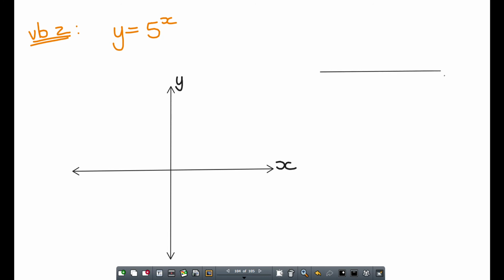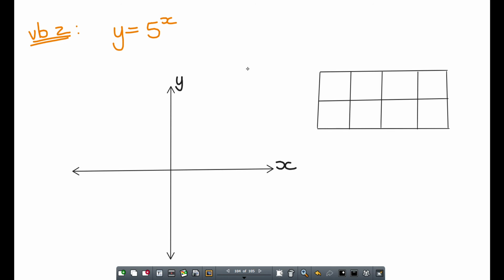My a-waarde, kan julle sien, hy is groter as 1, nee? So watter kant toe gaan my grafiek gaan? The up way, yes, an increasing function. Goed, so dit gaan 'n stygende funksie wees, nee? Okay, so kom ons gaan kry gou ons waardes. We say that we always substitute in x is minus 1, 0 and 1.